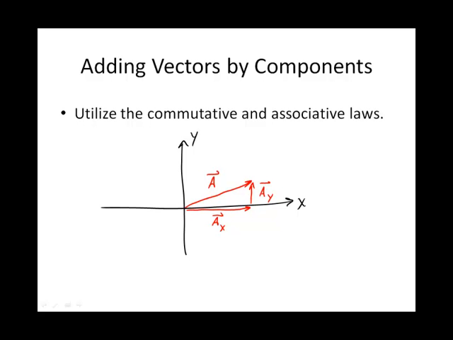They have a magnitude and they have a direction. So keep in mind, if I travel to the east and then travel to the north along a sub x and a sub y, my final location I could have gotten to by simply starting at the origin and traveling in a straight line to reach that final destination here. And so we can say that A is equal to a sub x plus a sub y.